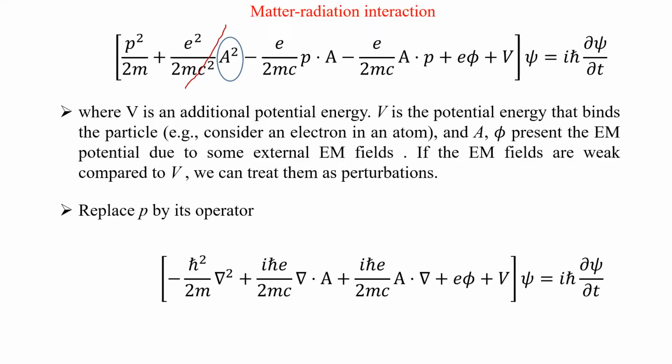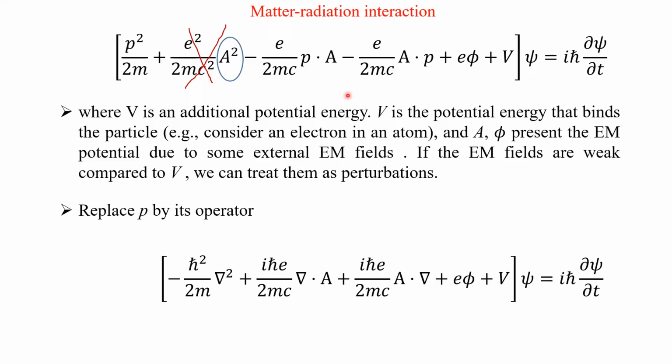The second term we can ignore, and also replace p by its operator. So p² will become (-iħ∇)², which will become -ħ²∇². Similarly, in this one, -iħ with the existing minus will become +iħ e/2mc, with ∇. We are replacing p by its operator. Similar is the case here.